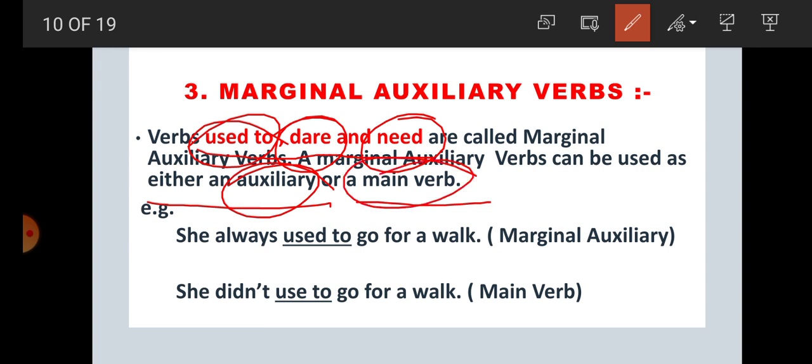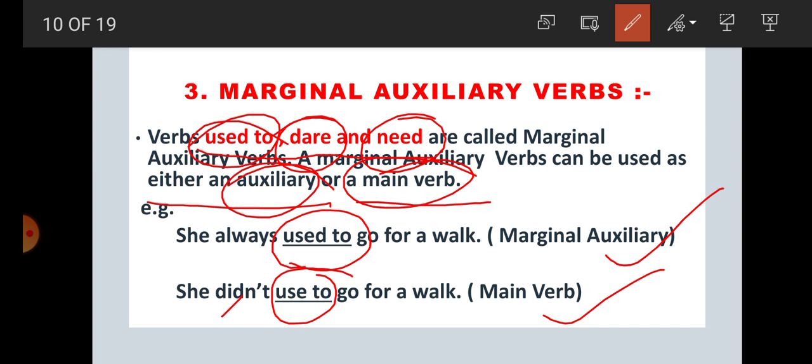For example, students, she always used to go for a walk. Here, used to is a marginal auxiliary. And second example, she did not used to go for a walk. Here, used to is used as a main verb. Why? Because did is the helping verb here.